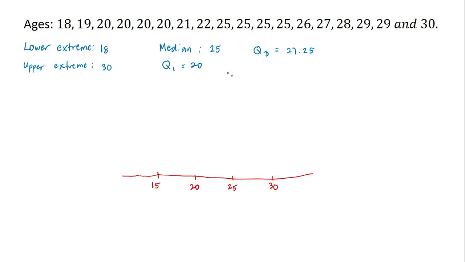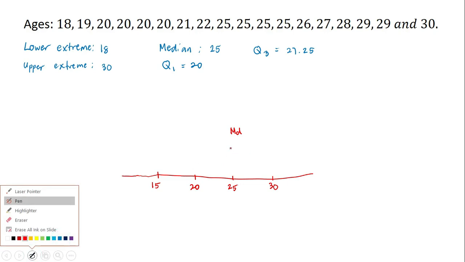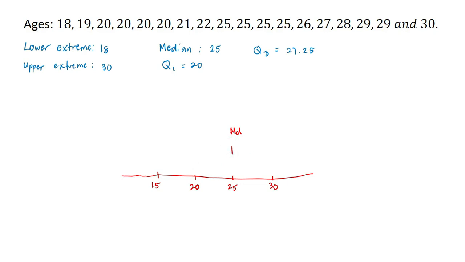We know that the median is 25. So at this part, 25, just draw a vertical line here. So this is the median. And then after that, let me use another color. So the median here.